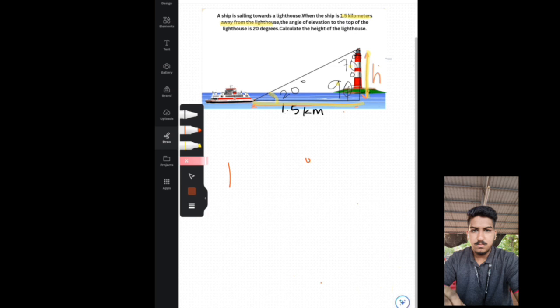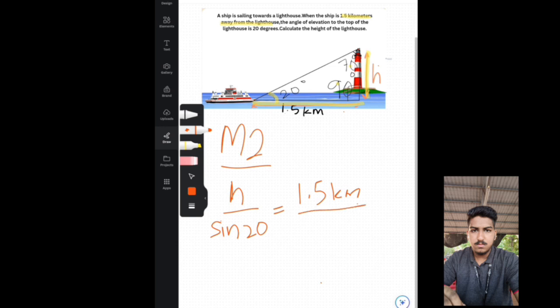So we can use another method to find the height of the lighthouse. The second method is by using the sine rule. The sine rule method is h over sine 20 equals 1.5 kilometers over sine 70.